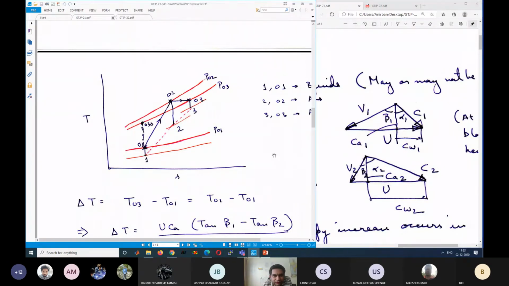I hope there is no confusion. So at the same point, we can denote the static condition as 1 and the stagnation condition as 01. How will you find P01 if P1 is known? Using the isentropic equation. Don't confuse between isentropic and adiabatic.